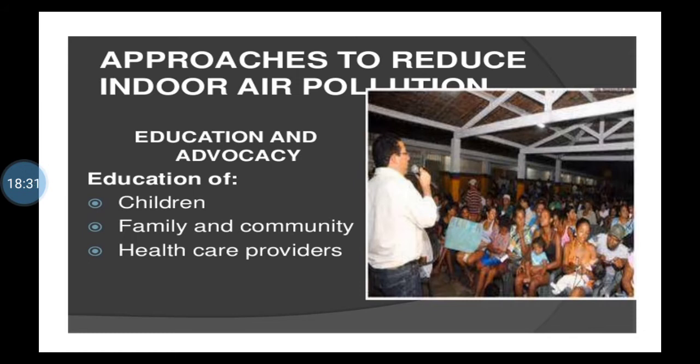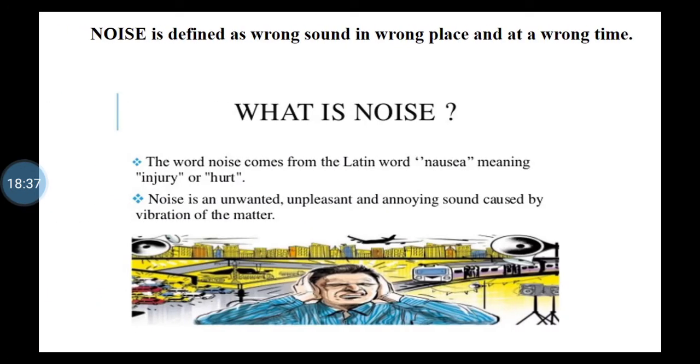So a descriptive question is asked on air pollution, isn't it? Next point in this chapter is noise. Now, what is noise? That we must know. We must know the definition. And before the definition, I will give you the difference between noise and sound.